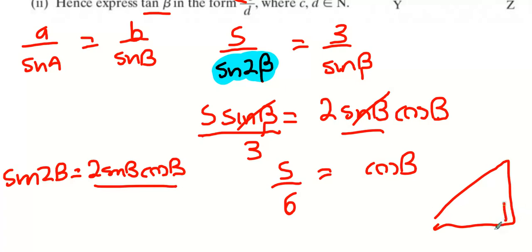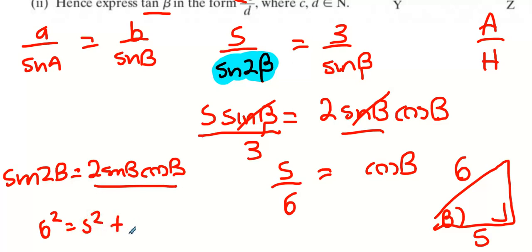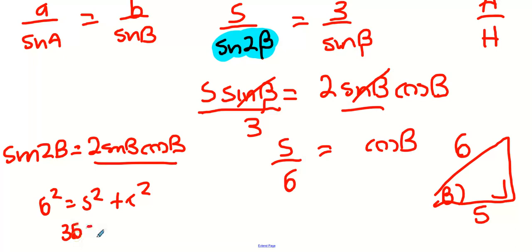SOHCAHTOA. What's cos represent again? Adjacent over hypotenuse. Adjacent is 5. Do Pythagoras' theorem. 6 squared equals 5 squared plus x squared. 36 equals 25 plus x squared.